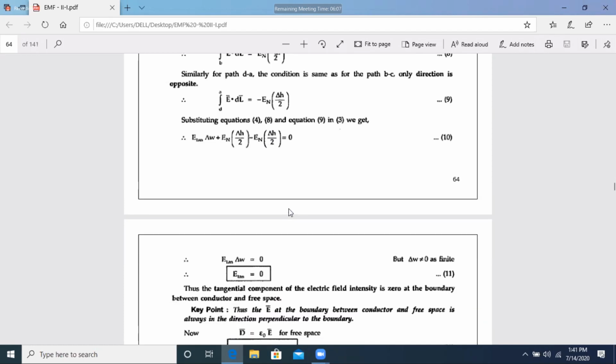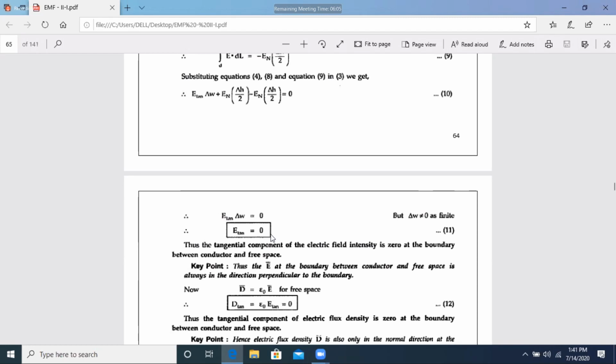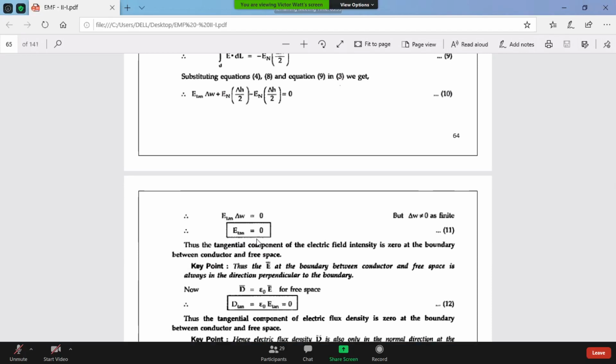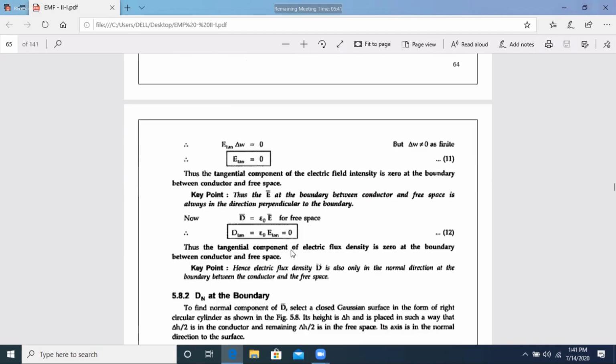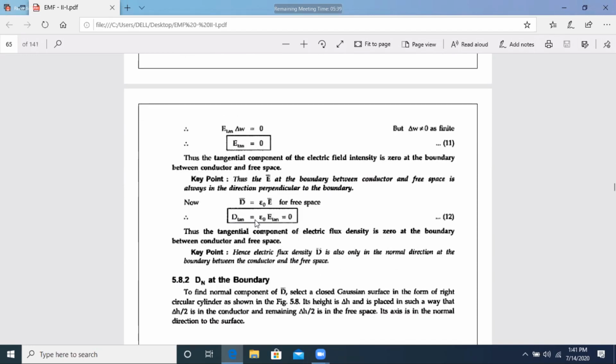This works out to the tangential component of an electric field from the conductor to free space is equal to 0. So E tangential is 0. So D tangential equals epsilon naught E tangential, which is 0.